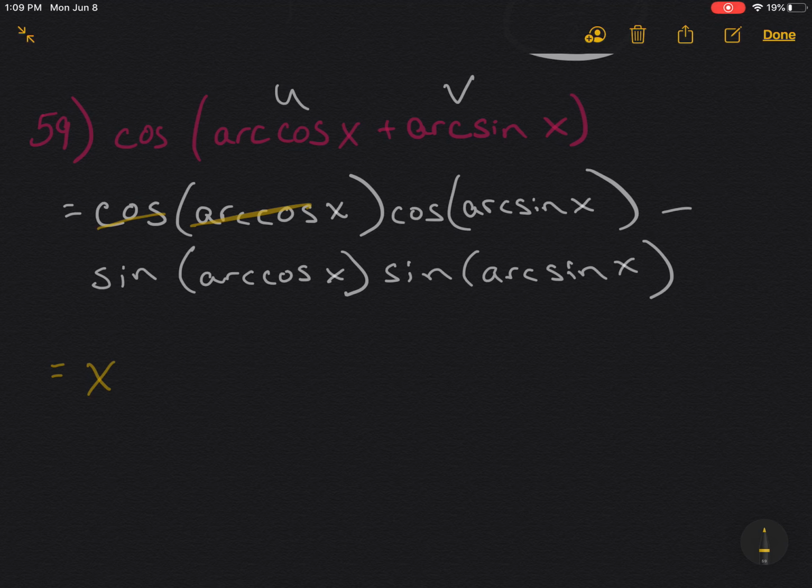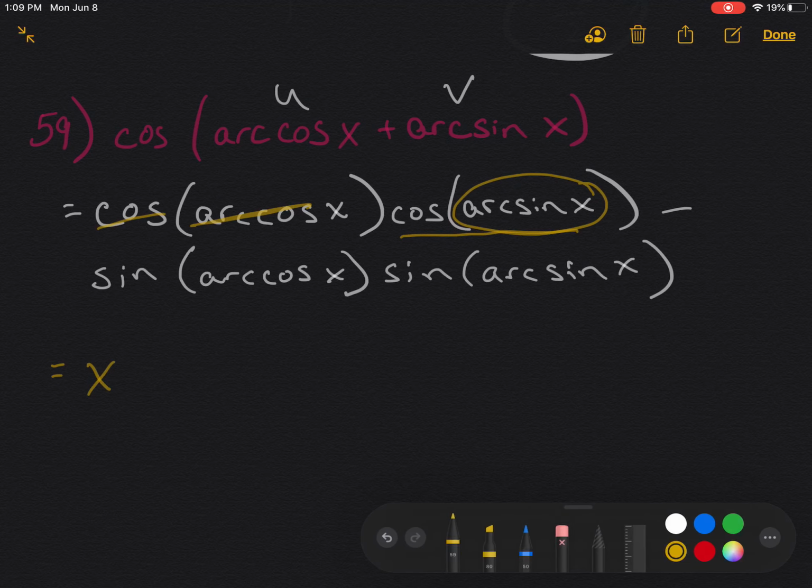Now this guy here, I'm going to have to draw a triangle to figure this out. So first, I'm going to use this information, arc sine x. That means that if I draw a right triangle, and I'll do it over here, oh, that's terrible. Let me try a little bit better. Okay, so let me just draw a triangle.